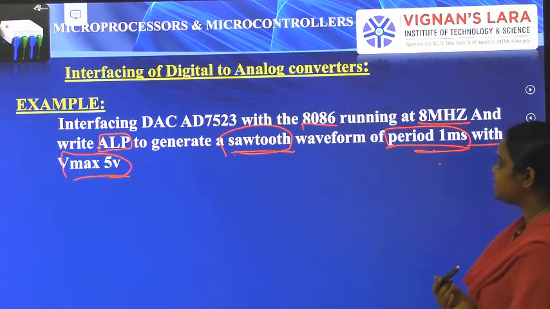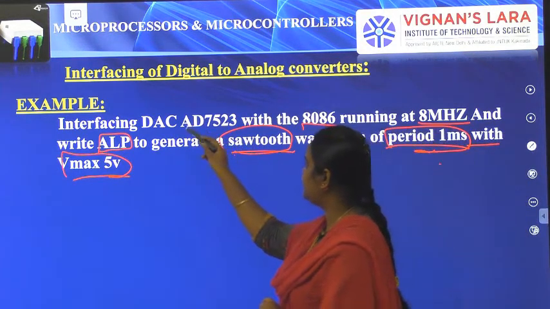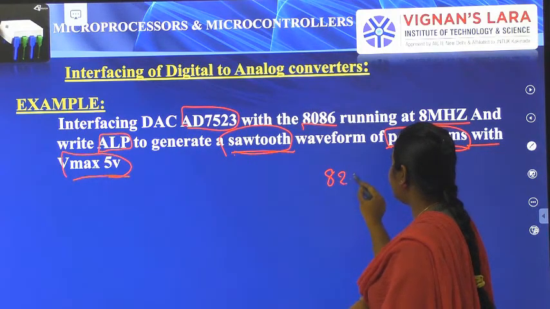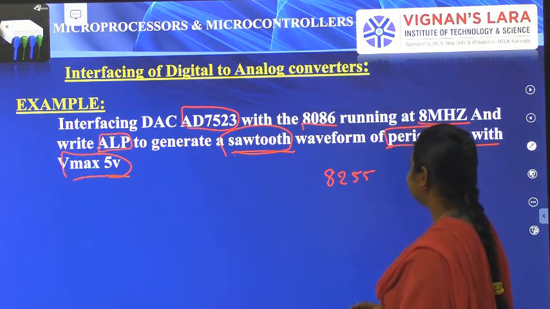So we are going to interface the DAC AD7523 with the 8086 by using the programmable peripheral interface 8255.